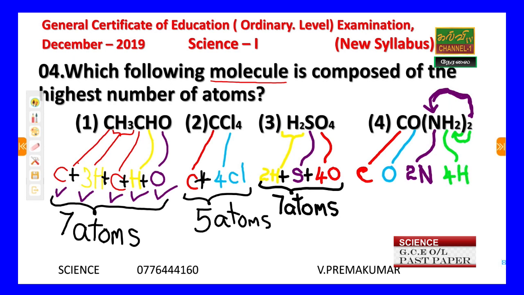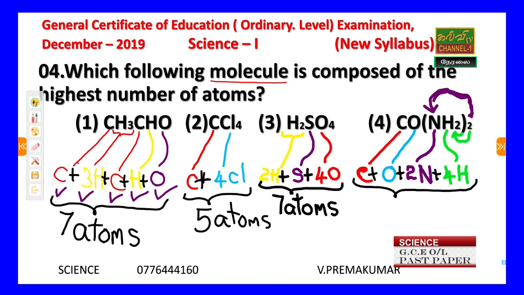Now students, you can count the atoms. 1 carbon, 1 oxygen, 2 nitrogen and 4 hydrogen.